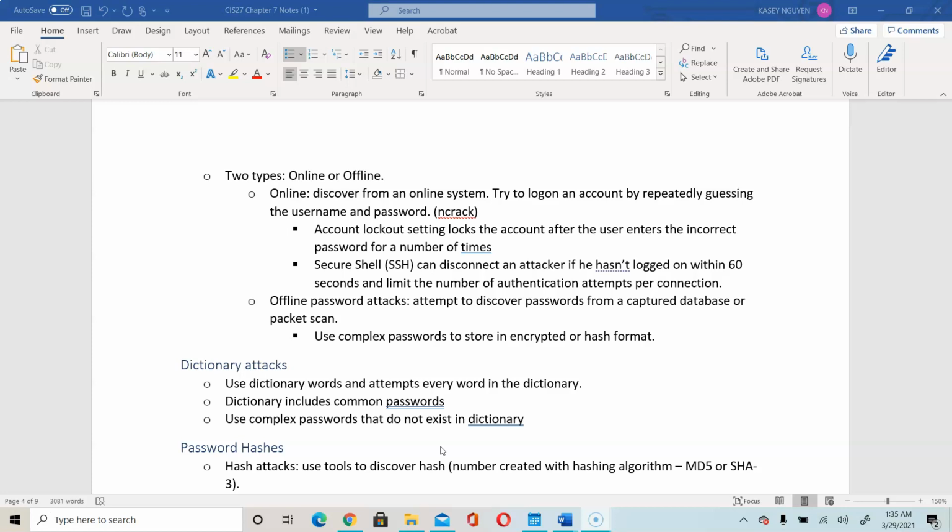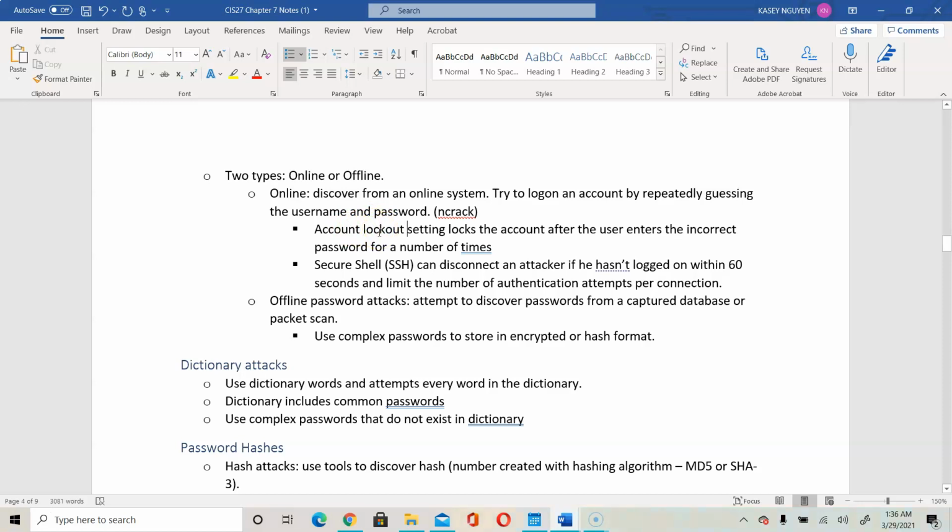So the account lockout setting will be part of the security policy settings, and you can change this so that after 5 attempts, or a certain number of attempts, for that particular user account, it would lock them out for a certain amount of time, like 30 minutes to an hour.